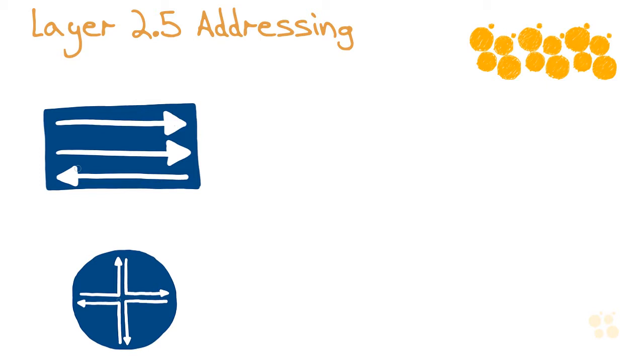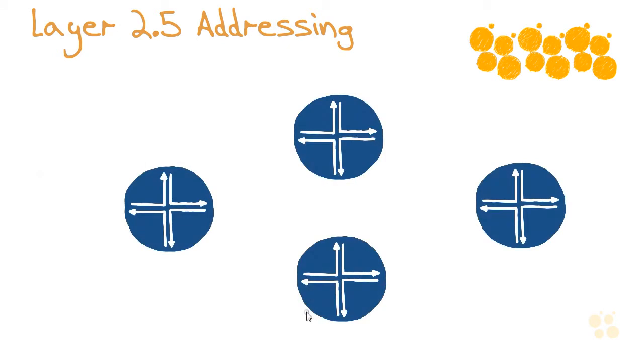What about layer 2.5 addressing? What's happening here? One day, some really clever engineer woke up and said, you know, I'm going to create my own addressing. I am going to create an address simply called a label. And I am going to forward traffic based on that label.